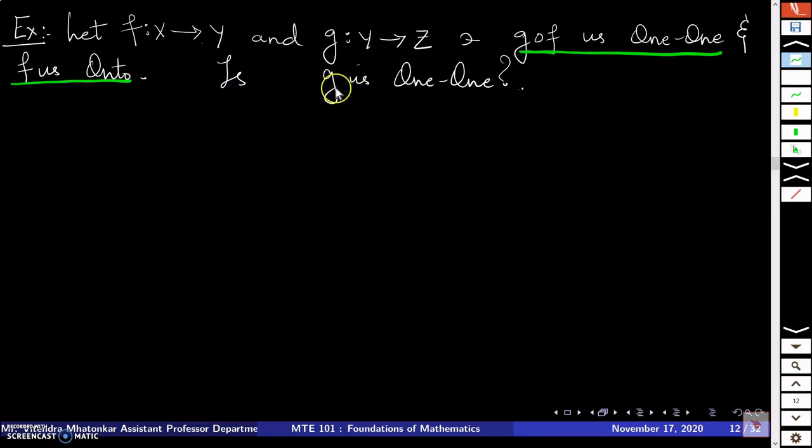The question is, is g 1-1? If g is 1-1, you'll have to prove it. Otherwise, you'll have to give a counterexample for this. So again I will leave it as an exercise. See that you all give a try to solve this one. A very simple one. So this is an exercise for you.